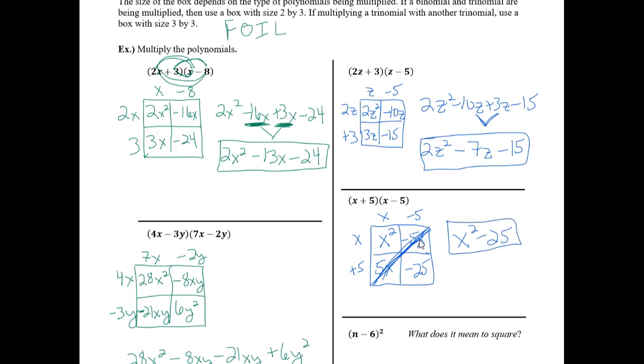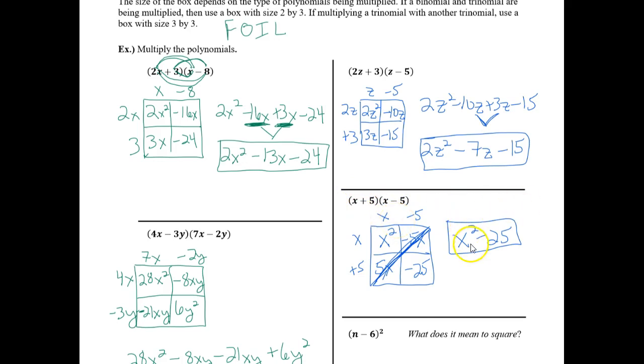And if we look at the original problem, these look like the exact same except for the plus and the minus in the middle. And that's actually how we get here, and that's going to always be true. These are called conjugates, meaning the exact same terms with the sign in the middle. One is positive and one is negative.